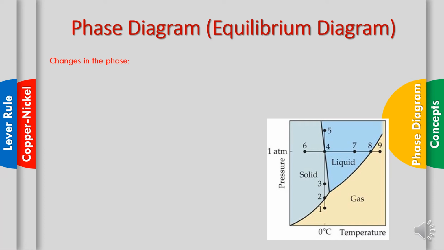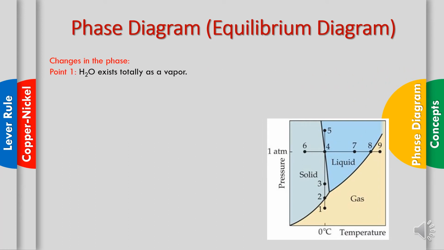Once we increase the pressure value at a specific temperature, we will look at the phase changes in terms of number 1, number 2, number 3, number 4, and number 5.